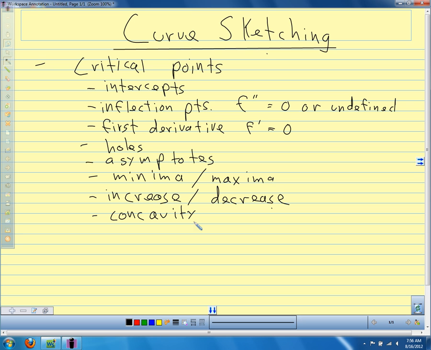Okay, good. So we can use our knowledge of families of functions. If we know what a parabola looks like and it's shifted, that'll give us an idea of what our graph looks like. So I'm going to call that knowledge of families of functions, knowing what certain functions look like.